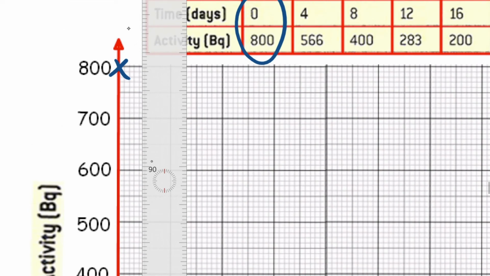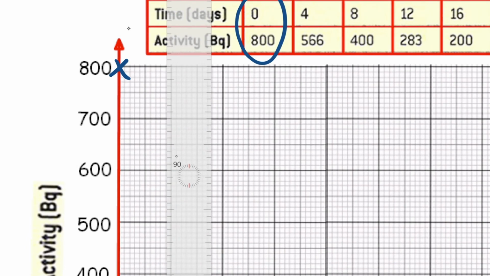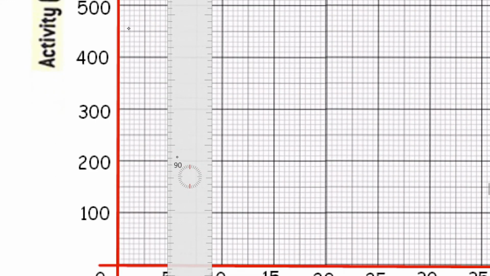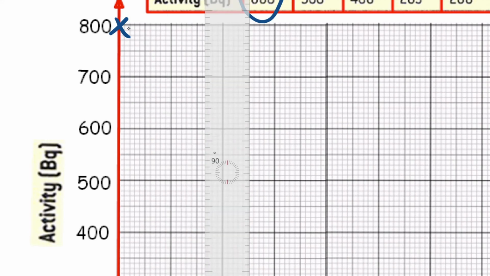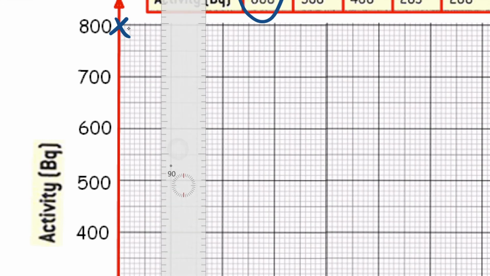So I've got to move my ruler, so that would be 4.5. Every small square is, I believe, 0.5. Let's just check, yeah, because we've got 5 divided by 10. Every small square is 0.5. So 4.5 there, and I'll do a little mark there to help me.